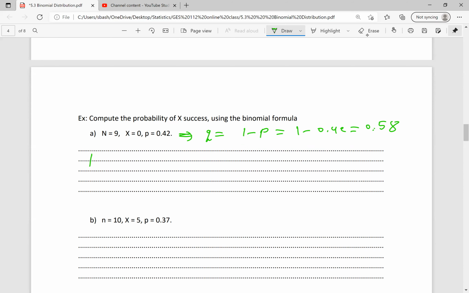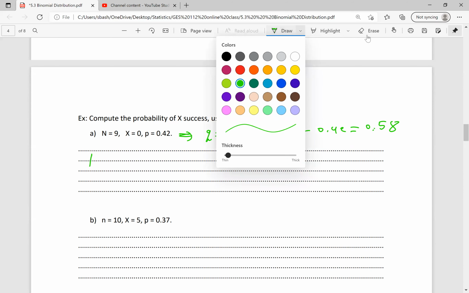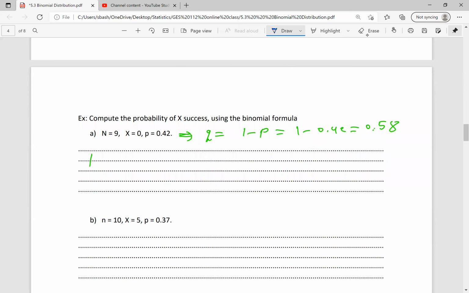So it is 0.58. Now the probability of x equal to 0 is equal to n factorial divided by n minus x factorial times x factorial, multiplied by p to the power x, multiplied by q to the power n minus x.